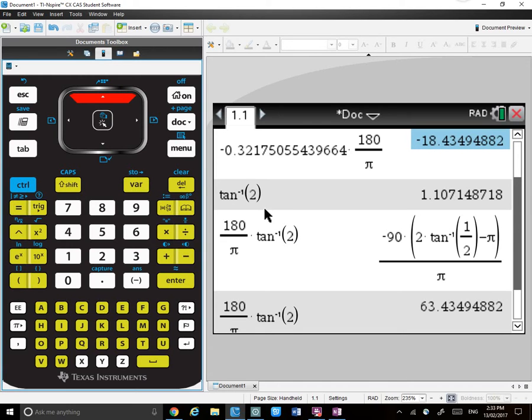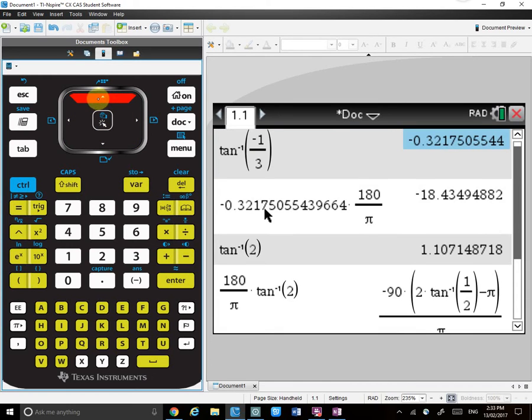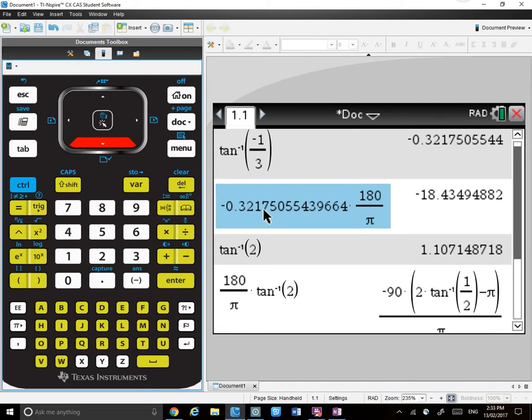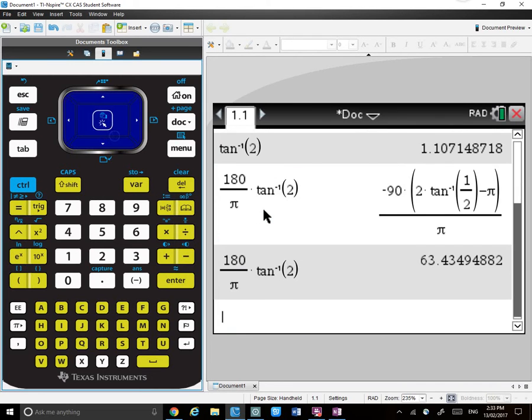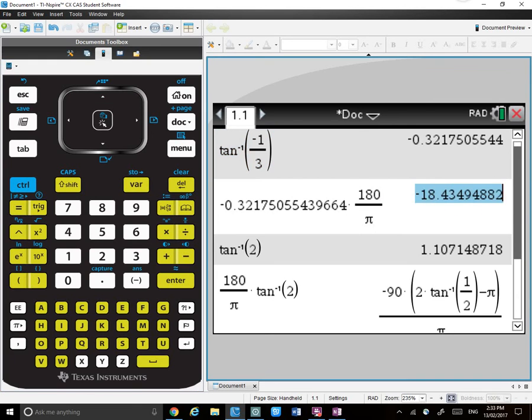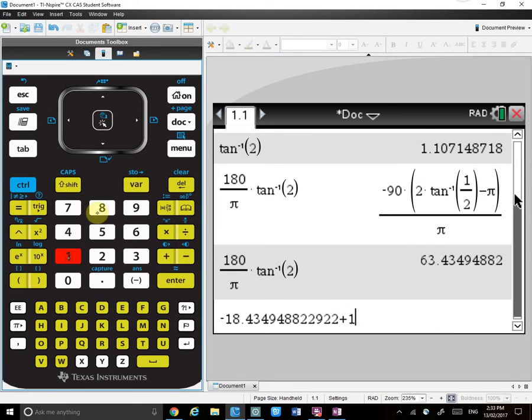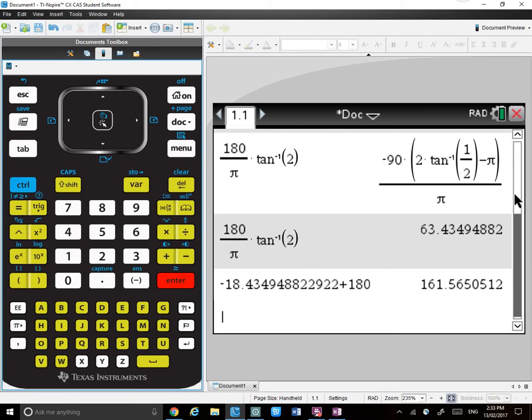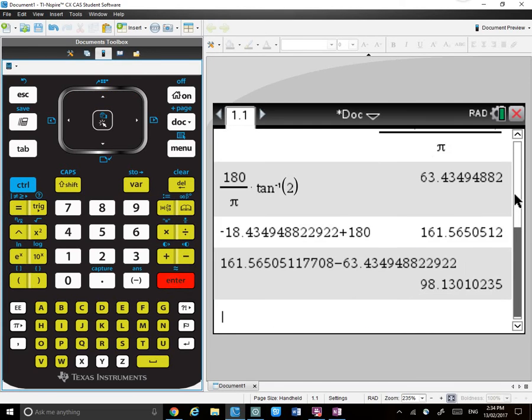Do not round up or round down too early. I have this 161, and I will use that to subtract the 63, and that gives me 98.13.